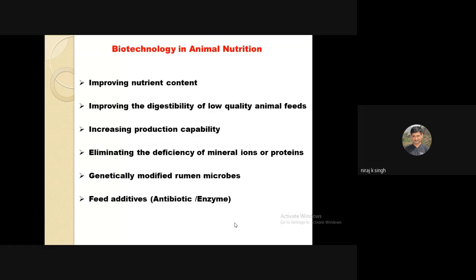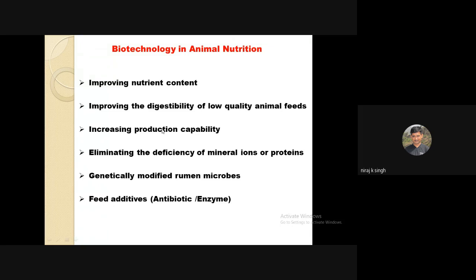Now, how does biotechnology play an important role for animal production, for animal nutrition? Firstly, with the help of biotechnology intervention, we can produce a crop which has high nutritional quality. Suppose we are using some crop of maize which has high content of carbohydrate.